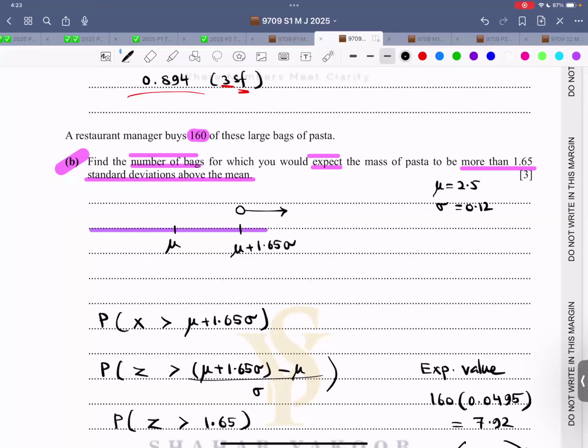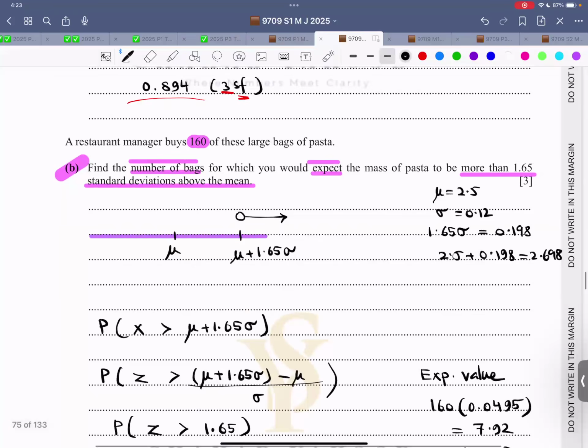That is 1.65 into 0.12. So 1.65 sigma is 0.198. So 2.5 plus 0.198, that comes out to be 2.698.